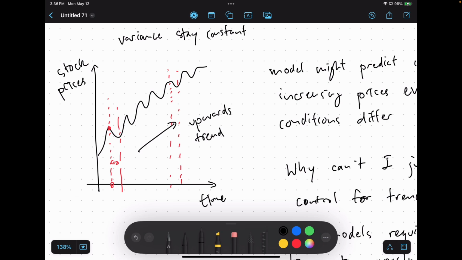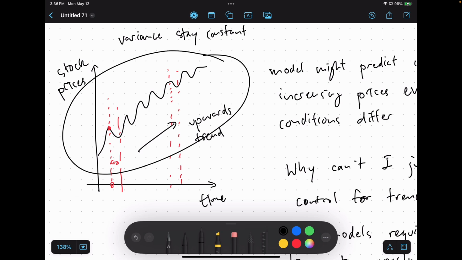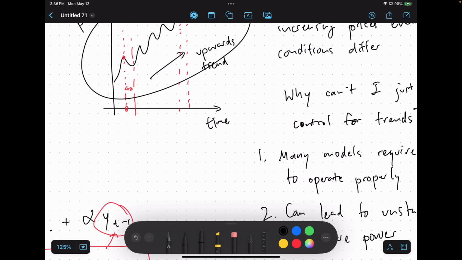For this particular example, applying stationarity would isolate the ups and downs in the stock market prices from the overall upward trend that you would observe over time.